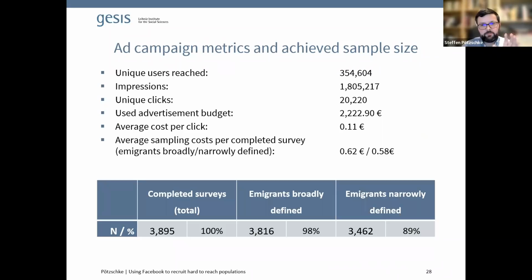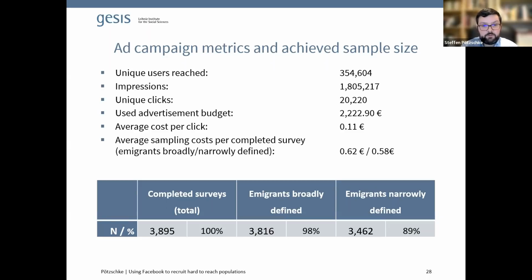And here are some metrics of the results in terms of sampling that we achieved by using this strategy. I want to focus basically only on the table on the bottom of this slide. You see here that a total of shortly under 4,000 people completed our survey.